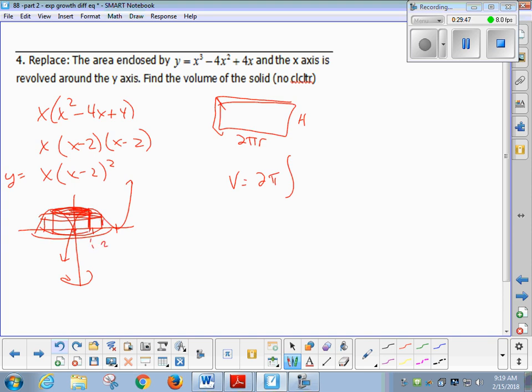So the radius is x. What's the height of each of these? It's just the function x cubed minus 4x squared plus 4x, right? And the limits of integration are from 0 to 2. Oh man, maybe I should have just said set up the volume. Whatever, you can integrate from there, it's not too bad.